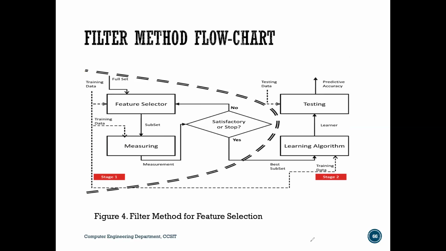After that, we measure the score here. Suppose we are satisfied, yes, then we go to the learning algorithm, then testing, and then we get the result. But if I am not satisfied with the features, then this loop repeats. So based on that, you will do the filtering of the features.